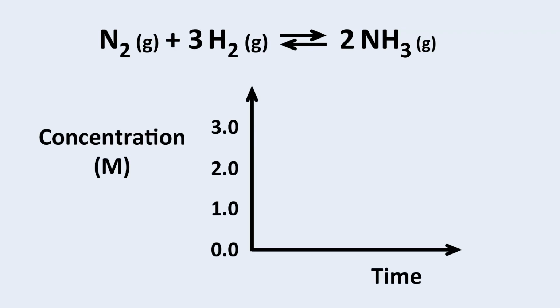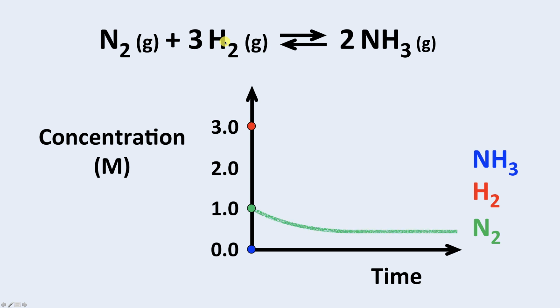Now, we can look at graphically what occurs if we were to, let's say, start with no ammonia in our container, and we put in maybe an initial concentration of 1 molar nitrogen and 3 molar hydrogen. And if all we have are nitrogen and hydrogen, the substances on the left-hand side of this chemical reaction, the only thing they can possibly do is make ammonia.